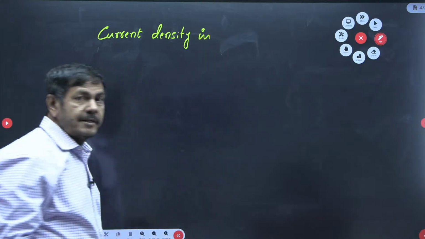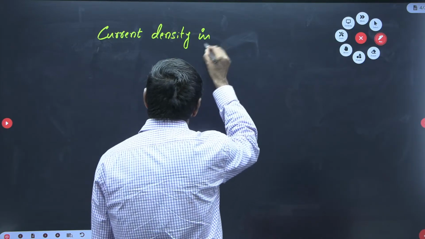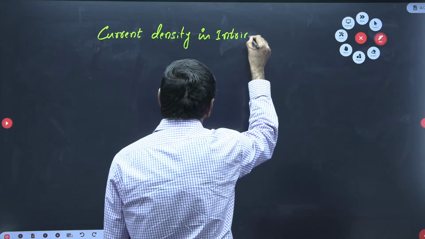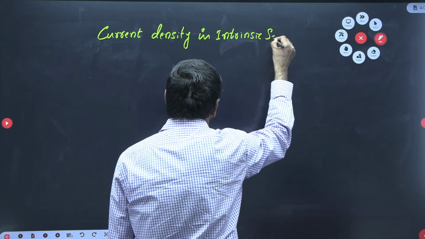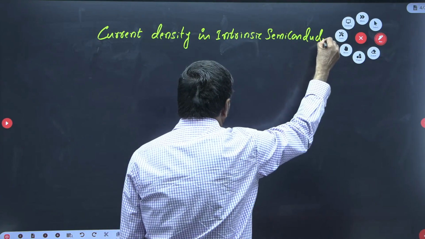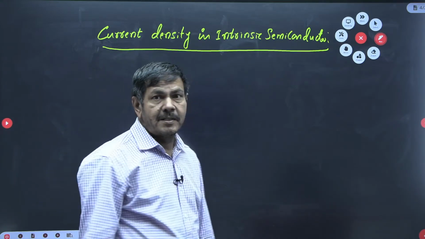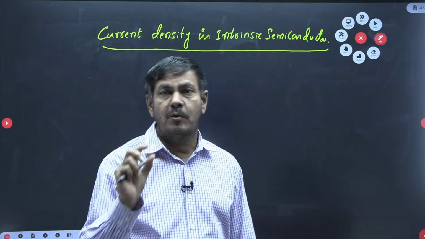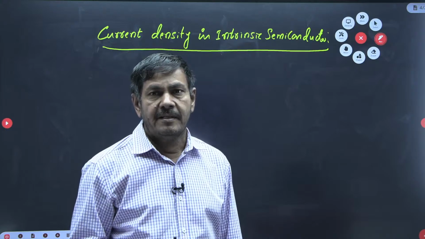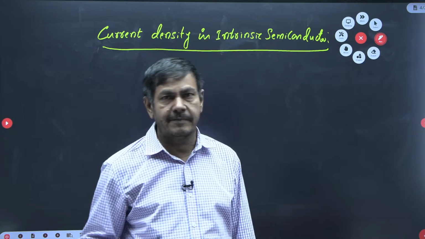In the last class, I explained what an intrinsic semiconductor is. Here I want to explain current density in the intrinsic semiconductor. But I am repeating about the intrinsic semiconductor to a certain extent. A pure type of semiconductor is called an intrinsic semiconductor. In the last class I gave it.